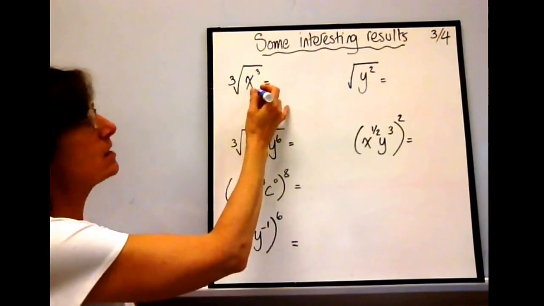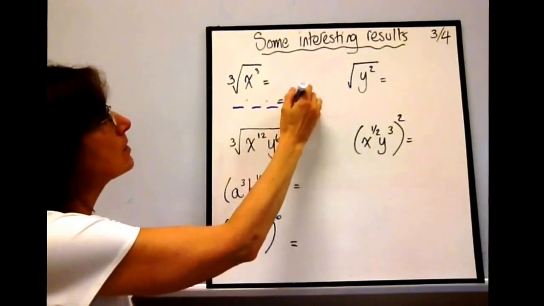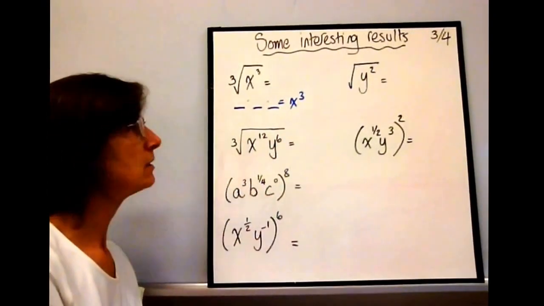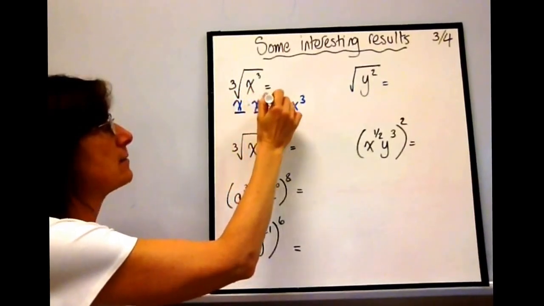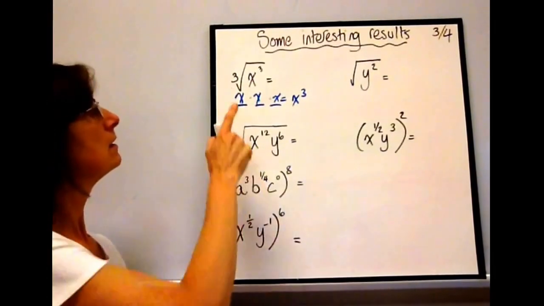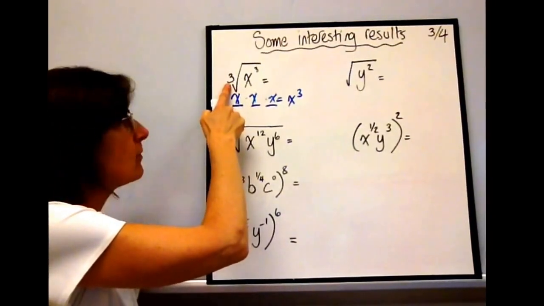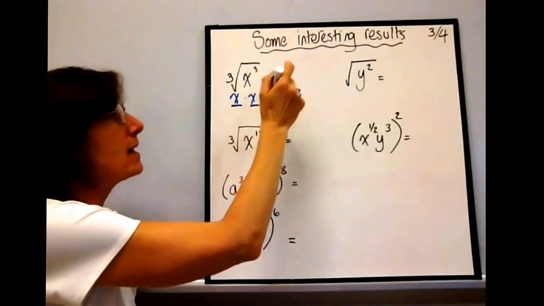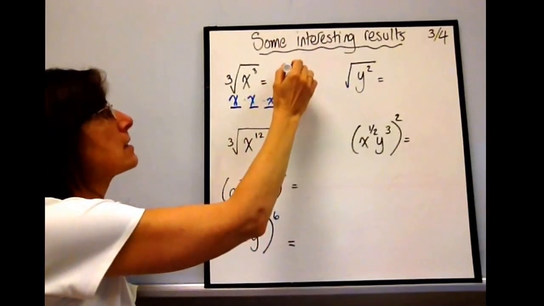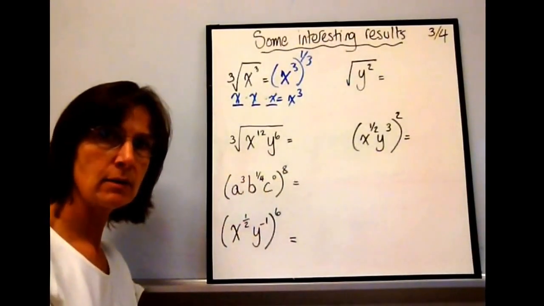Because this says what times itself 3 times is x cubed, or x times x times x. Why? Remember, cube root can be written as to the power of 1/3. So I could rewrite this as x cubed to the 1/3 power.